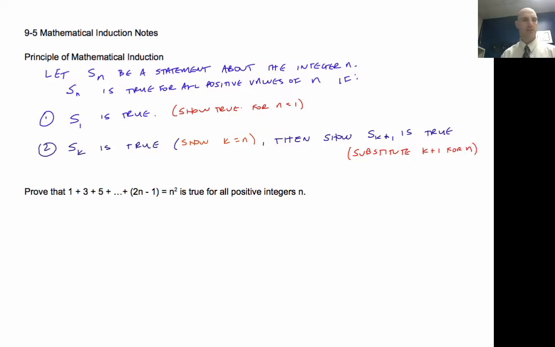And there's a process to this. This is what we're going to show. To show this, we're going to show that S sub k plus 1 is equal to S sub k plus A sub k plus 1. What does that mean? Well, it looks like this.